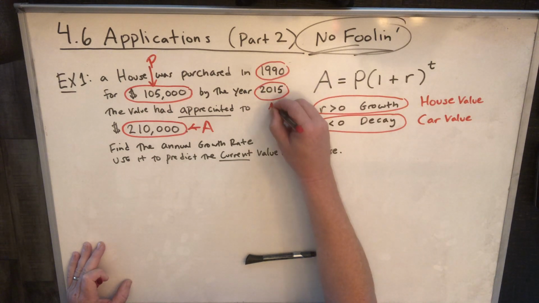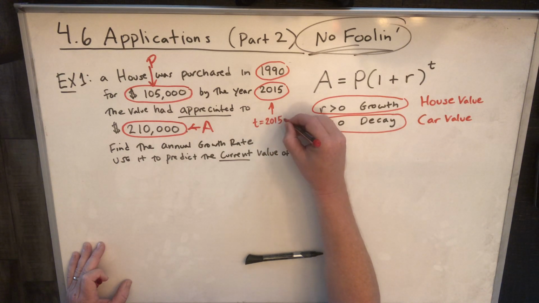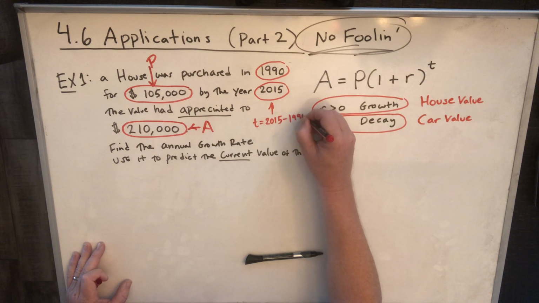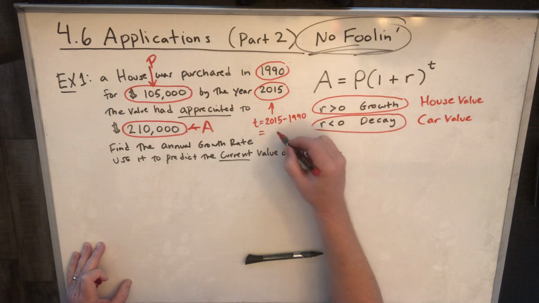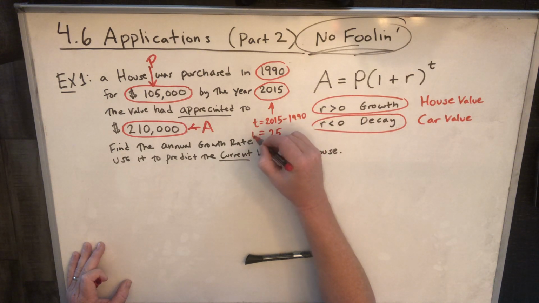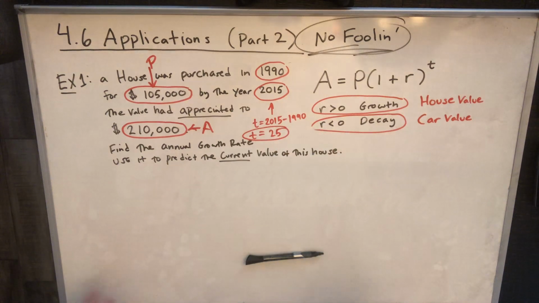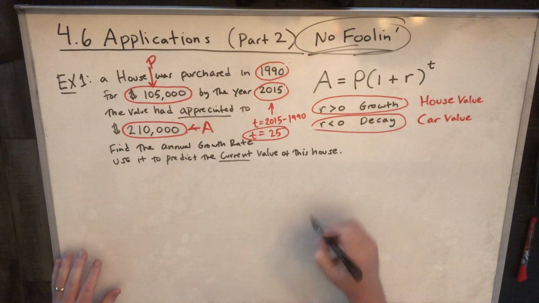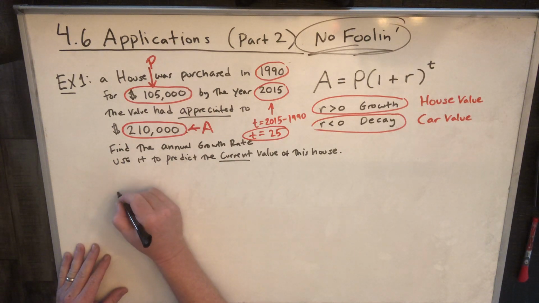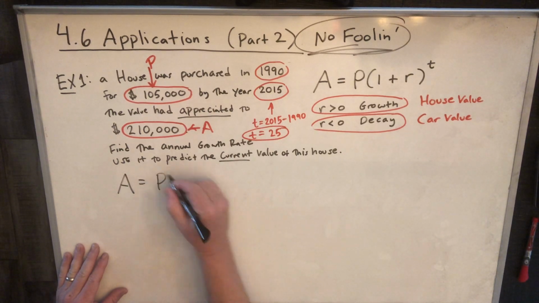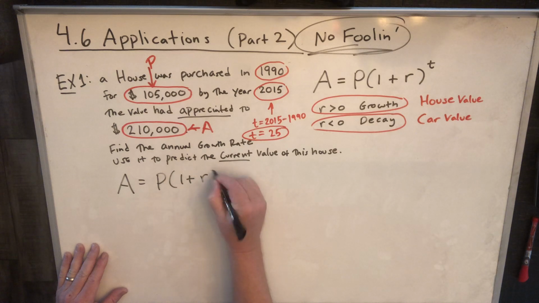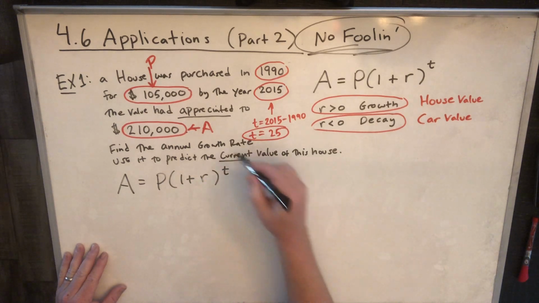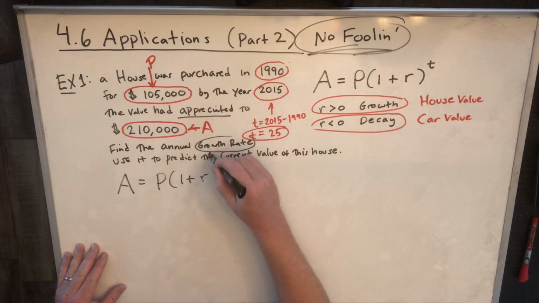And then we have T. T is the difference between 2015 and 1990. So that's 25 years for T. So we'll set this up. A equals P, 1 plus R to the T, and we are solving for R.